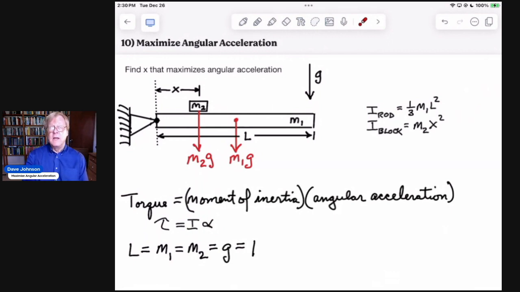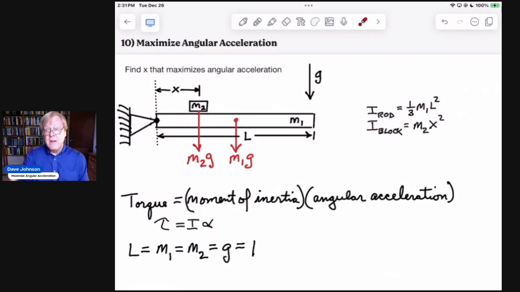It's often a Greek letter when we're in rotational systems in physics. We often use Greek letters instead of the ordinary Latin letters. And tau, this is the Greek kind of equivalent to our T. The tau represents torque. Okay, so torque is equal to moment of inertia times angular acceleration.